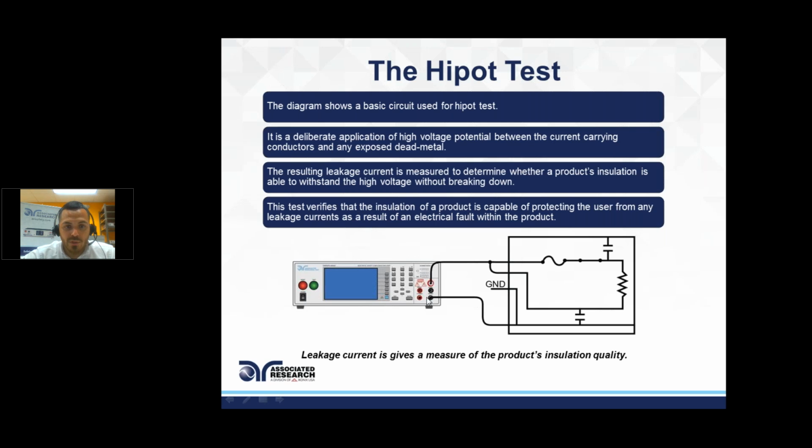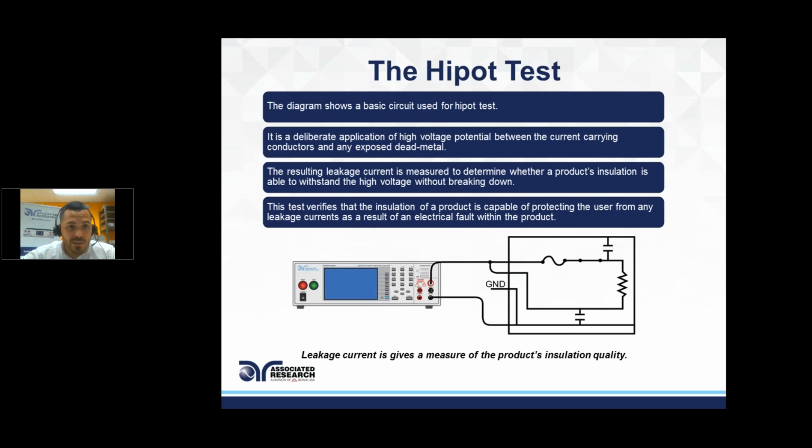And then we have our return connected to the ground circuit, right? Via a ground point on the chassis. And between that, what do we create? We create a bit of a capacitor, right? Two circuits parallel to each other with insulation in the middle. And so we are testing that space there.